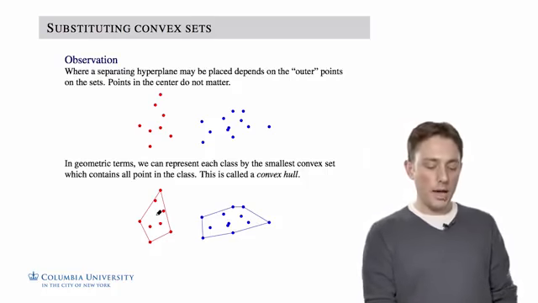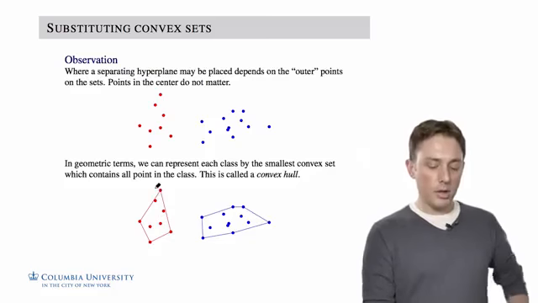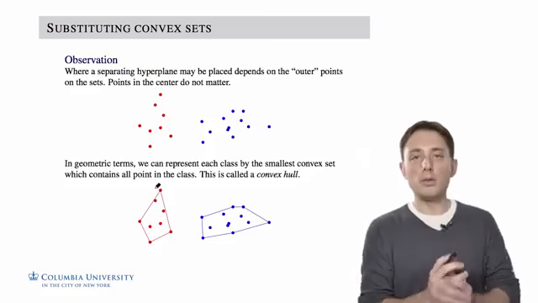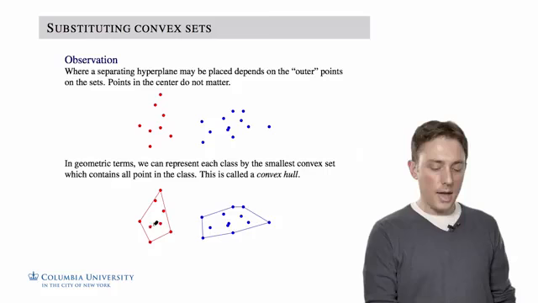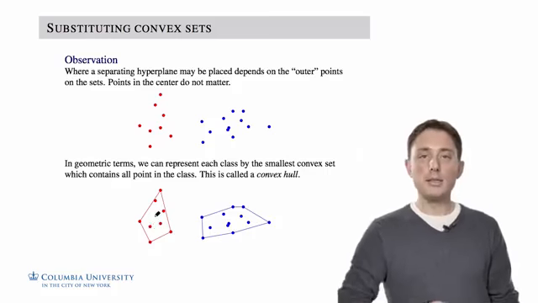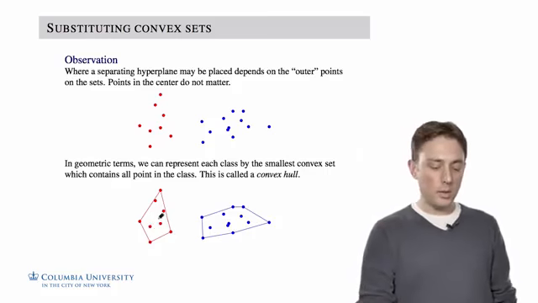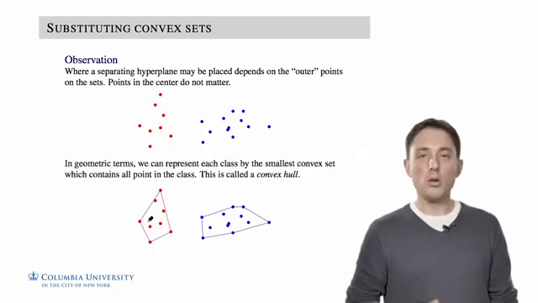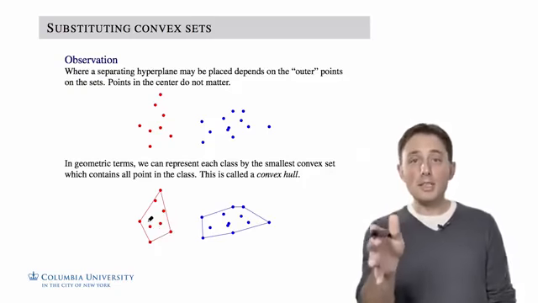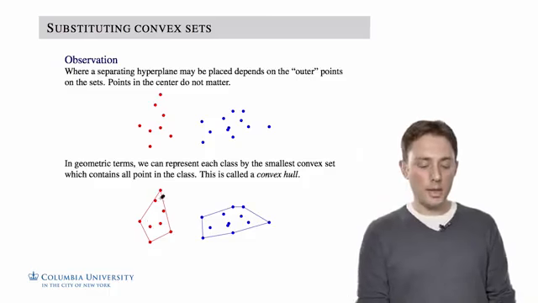Intuitively, you can imagine that it's the smallest shrink-wrapped set around our data set such that the line of sight is maintained between any 2 points within the set. So if this is the convex hull of the red class, then any 2 points within this hull can see each other. There's a line that can be drawn between them, and it will still remain within the set.